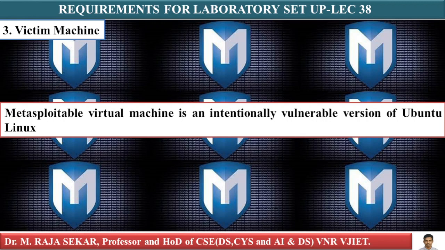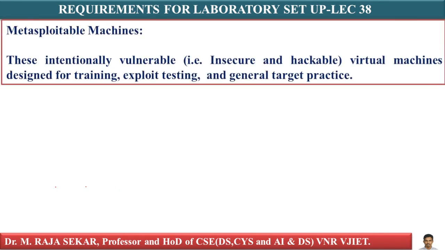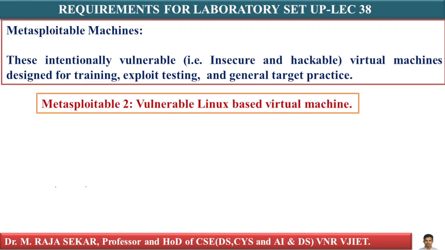If you have such a machine, it will be easier for you to learn the basics of hacking, and such Metasploitable machines are used for training purposes. With respect to security, there are several Metasploitable machines, such as Metasploitable 2 and Metasploitable 3.